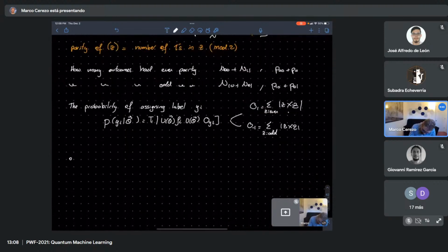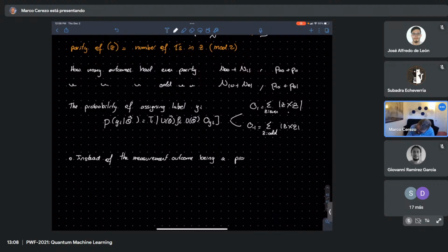So in this case, we can also think about a framework where the measurement outcome, instead of being a probability, can be a label by itself, the assigned label. So for instance, how do we do this?